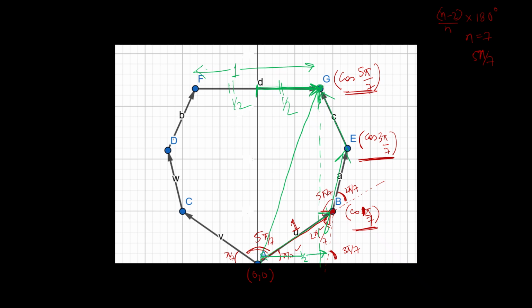And this is what I should be getting by adding these vectors and just looking at the x coordinate. Hence cos pi by 7 plus cos 3 pi by 7 plus cos 5 pi by 7 gives me half.